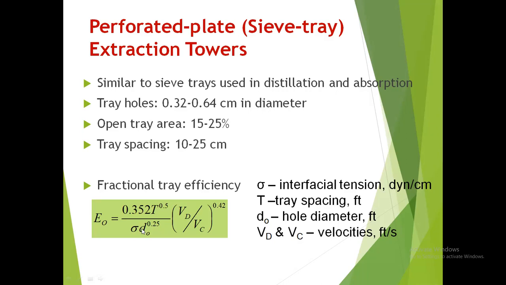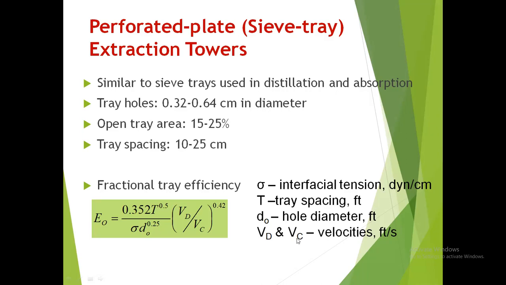The variables are defined here on the column. Sigma is interfacial tension, dyne per centimeter. T is the tray spacing in feet. D sub O is the hole diameter of your perforations in feet. V sub D and V sub C refer to the linear velocities of the dispersed and continuous phases.